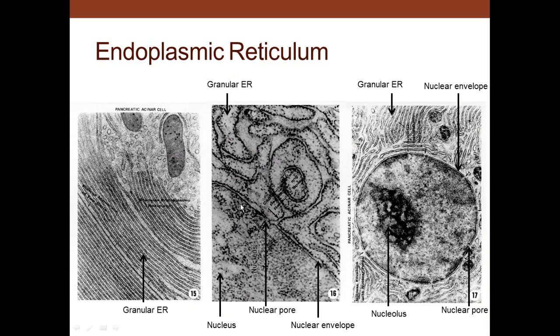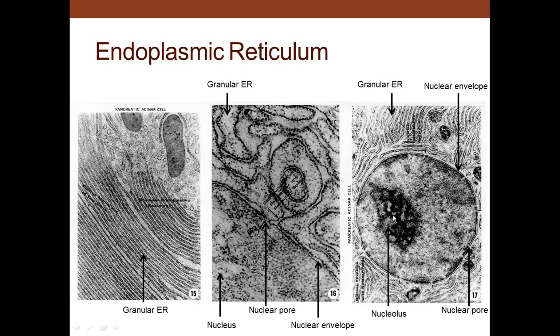This is actually a nuclear envelope, and the endoplasmic reticulum, rough endoplasmic reticulum or granular endoplasmic reticulum, is continuous with the nuclear envelope. In fact, you even see ribosomes on the outer leaflet of the nuclear envelope. Nucleus, rough endoplasmic reticulum, more rough endoplasmic reticulum or granular type because it has ribosomes on its surface.